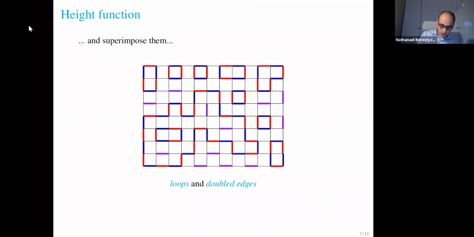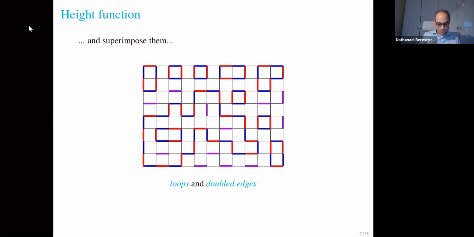Or you have a red edge, which then alternates with a blue edge and red edge and so on and so forth. And eventually, just for deterministic reasons, it has to be that these edges alternate from one another, and so they form loops. So you get a subgraph of degree 2, and this has to look like a gas of loops and double edges.